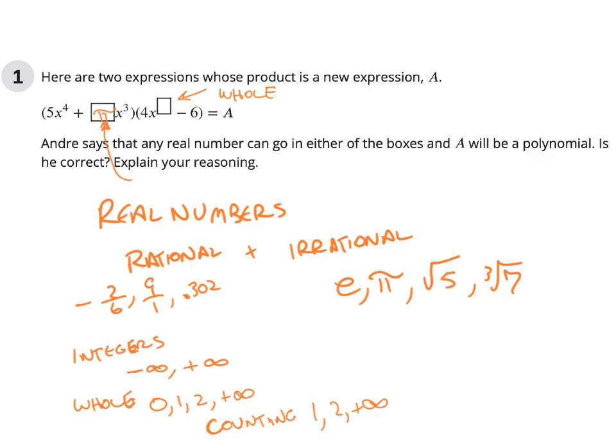It can be 0 because 6 technically is a polynomial. It's a monomial, one-term polynomial. So this works. So you have to think about the entire number system. And in Unit 3, we're going to learn about another number system.